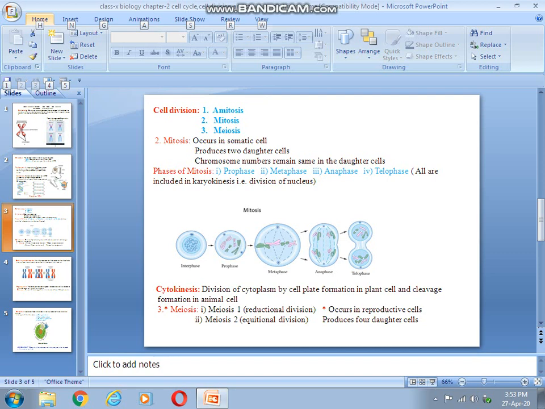Now, mitosis, cell division. Phases of mitosis. The mitotic cell division includes two processes: karyokinesis and cytokinesis. Karyokinesis means division of nucleus. Karyo means nucleus, that is why karyokinesis means division of nucleus, and cytokinesis means division of cytoplasm.